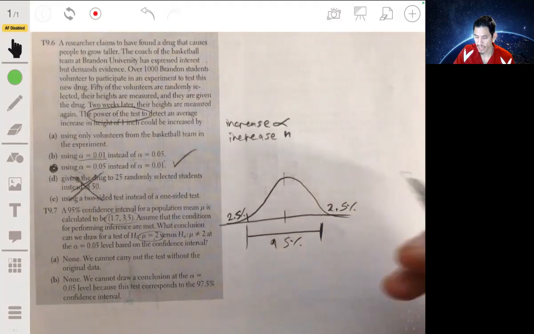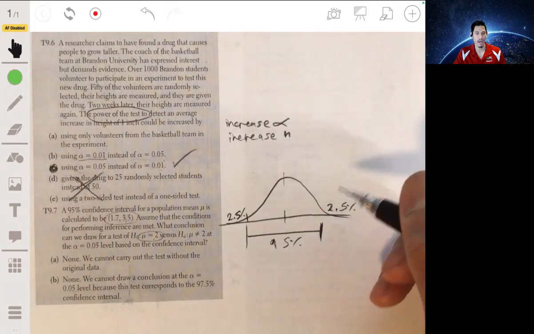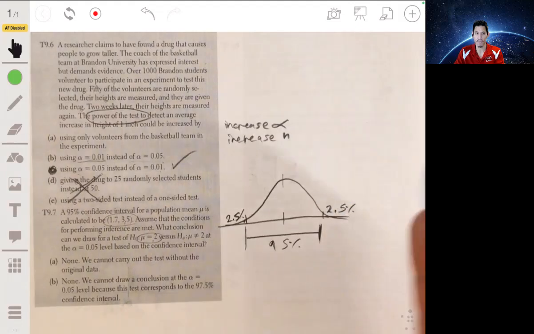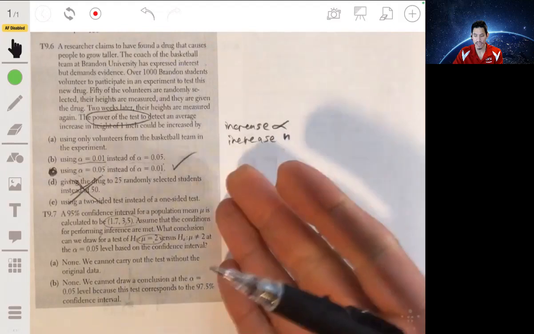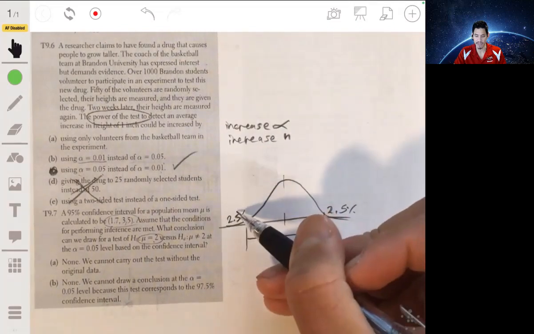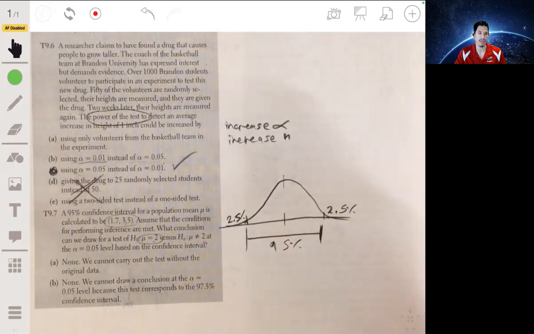And remember that when you conduct a significance test, you reject the null hypothesis when it's in the extreme ends. So you reject the null hypothesis if it was far over here where there's only 2.5% left, or so far to the right where there's only 2.5% to the right.